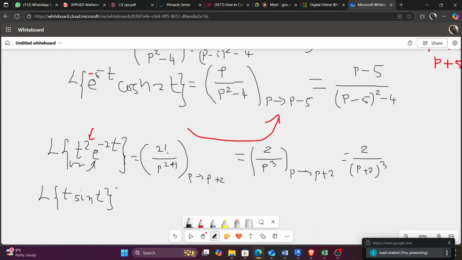It's easy. Okay, you know what I want you guys to do? I don't want you guys to think much about it. All you want to see is to see if there is E next to someone. In this case, there is no E, so we cannot use the first translation property.